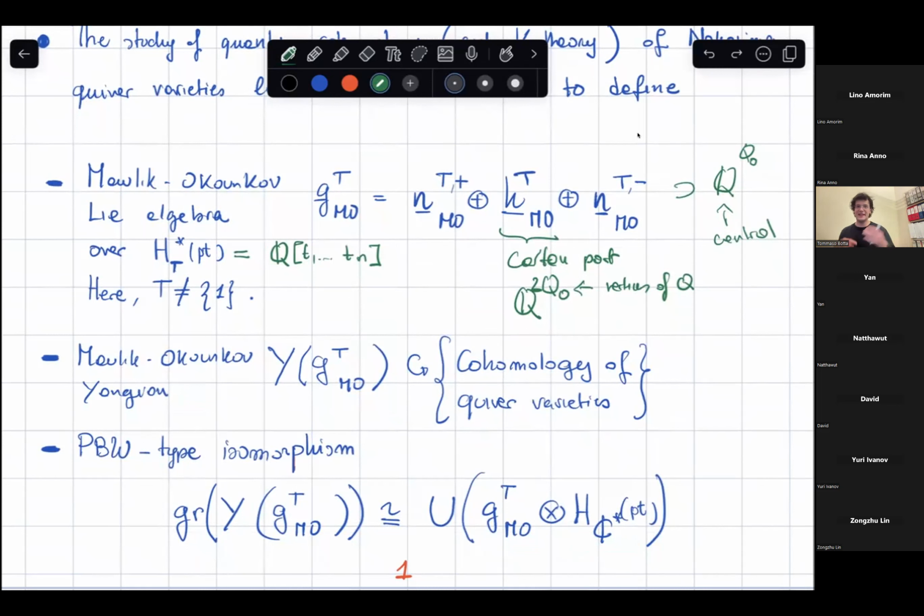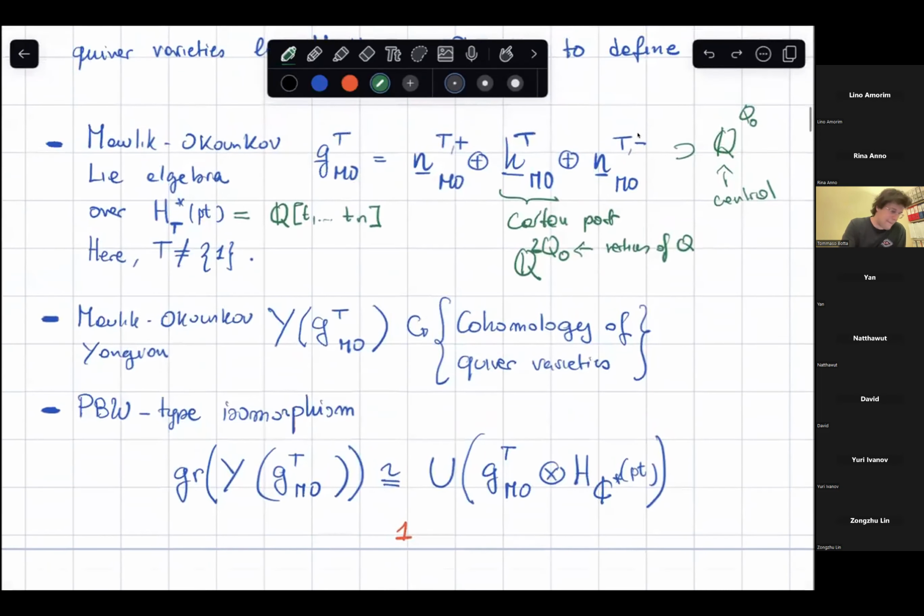So as you see, these two PBW isomorphisms, the fact that geometry related to studying moduli spaces of quiver representations gives rise to two Lie algebras, and this kind of PBW isomorphism that look similar suggests that there might be some relation between the Maulik-Okounkov Lie algebra and the BPS Lie algebra.